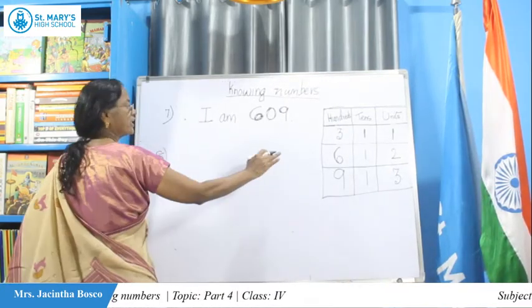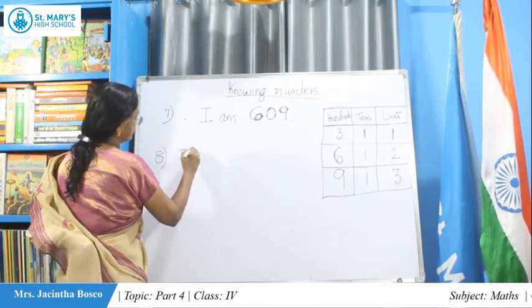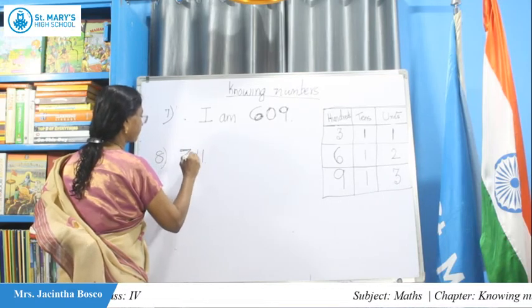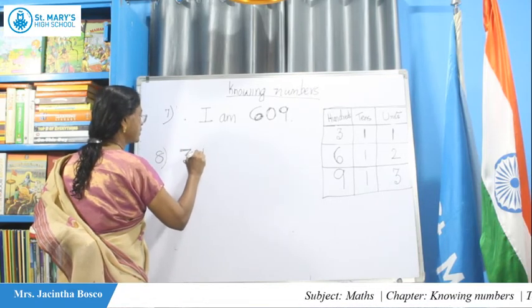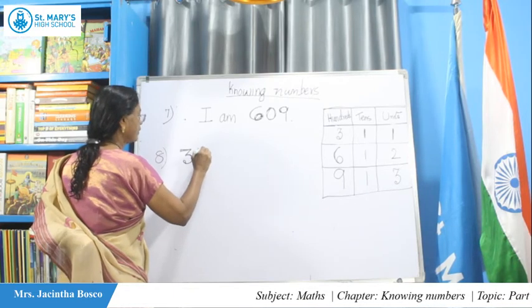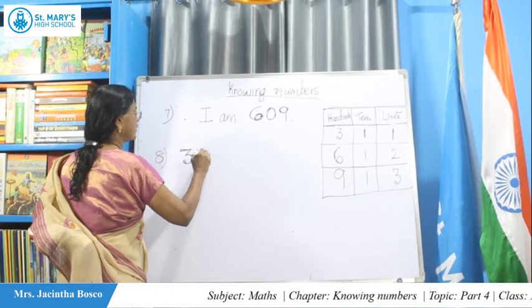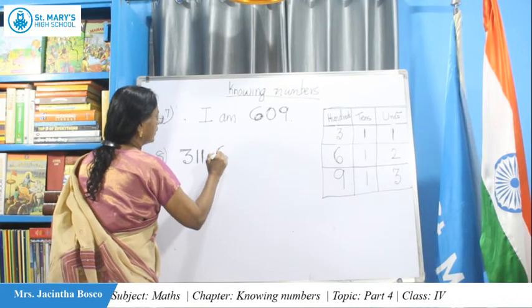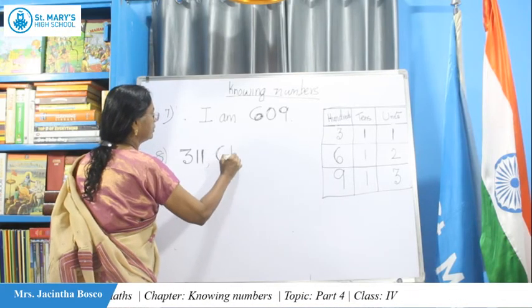Shall we write here? What are the 3 numbers there? Tell me. 311, 612, and 913. Can you see? Is it visible?